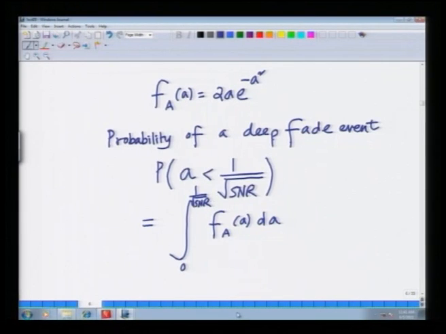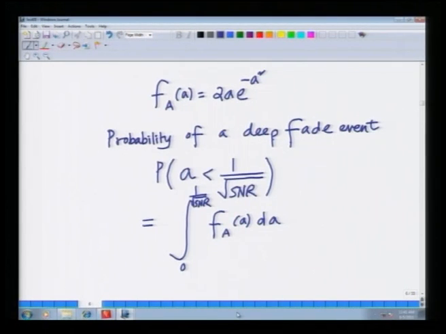Remember, the probability that a random variable takes values in a range is simply the integral of the probability density function in that range. Now, we want to find out what is the probability with which the magnitude of the fading coefficient A is less than 1 over square root of SNR.